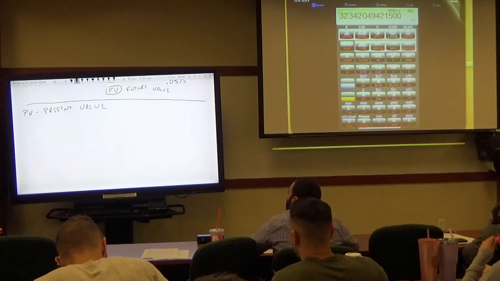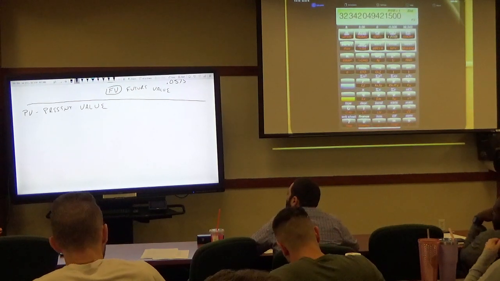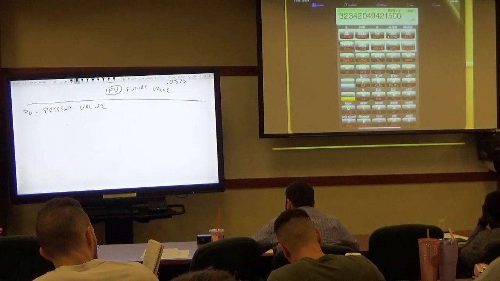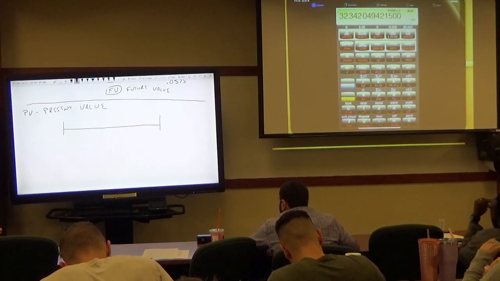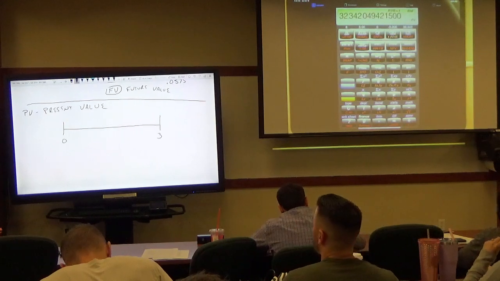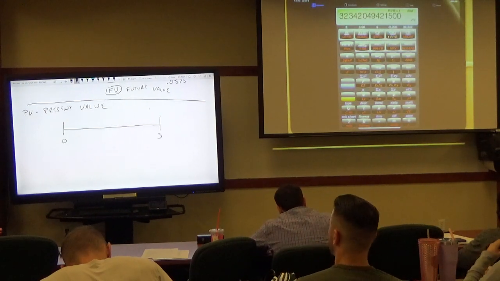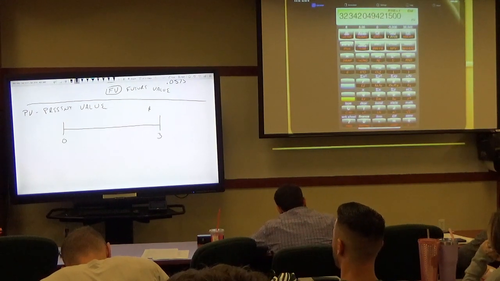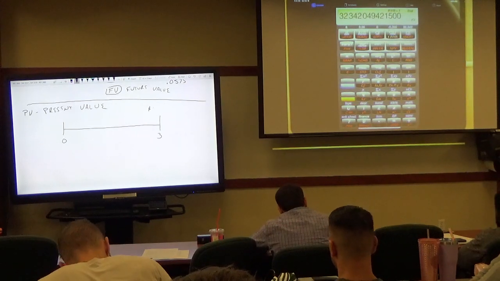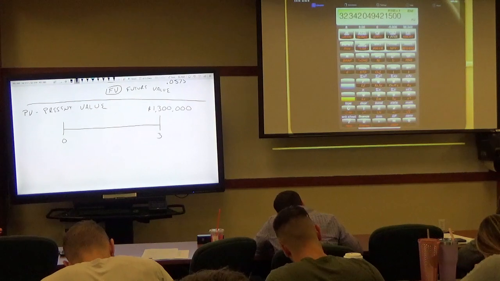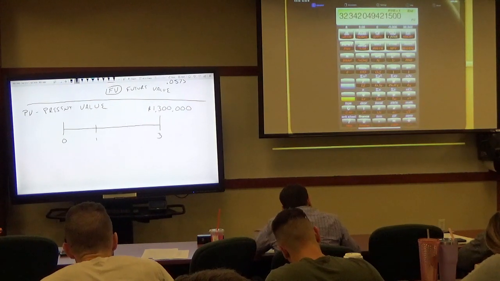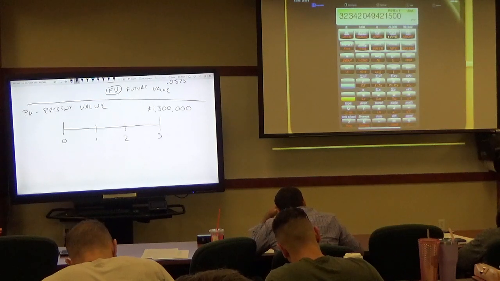We make these scenarios up any which way we want to, but let's say we've got a property that, 3 years in the future, we know we can buy for, give me a dollar amount. 1.3 million. So we can buy this property at the end of 3 years for 1.3 million.